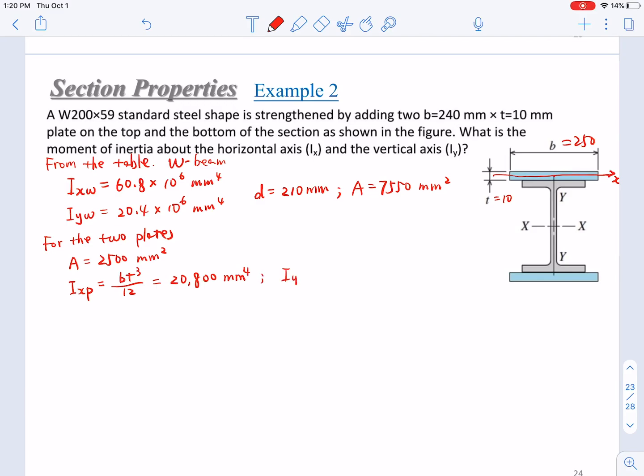And Iyp will be t b cubed over 12, because b is a large number, so you will get a large number, that will be 13 million millimeter to the fourth.